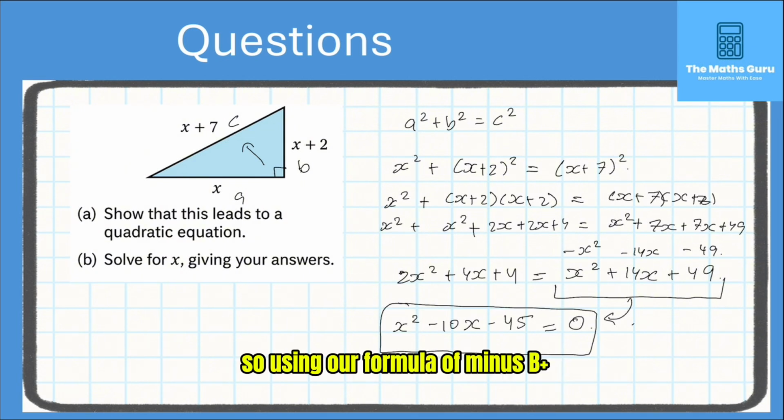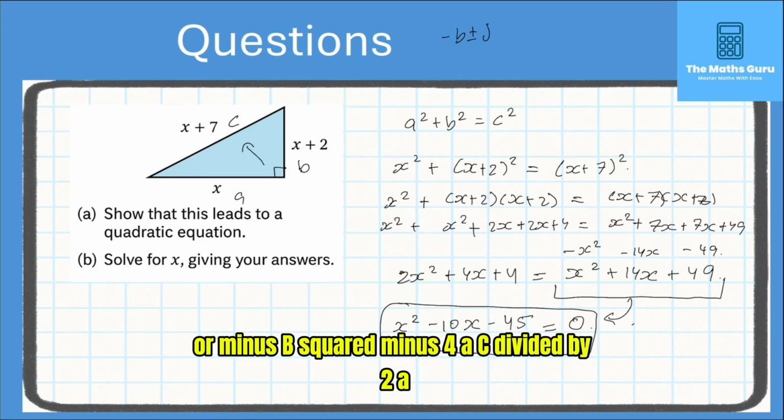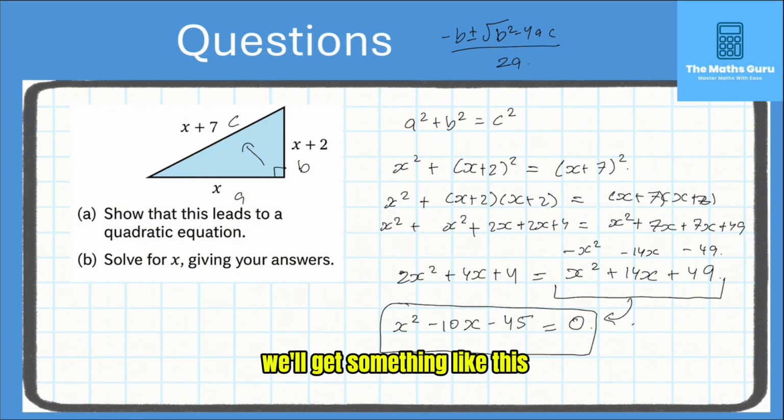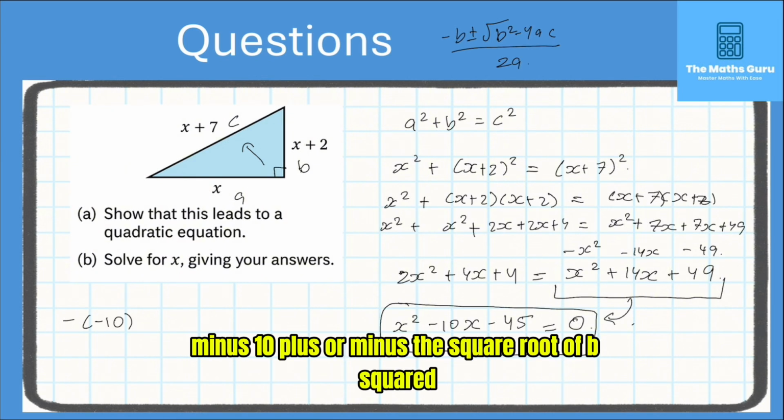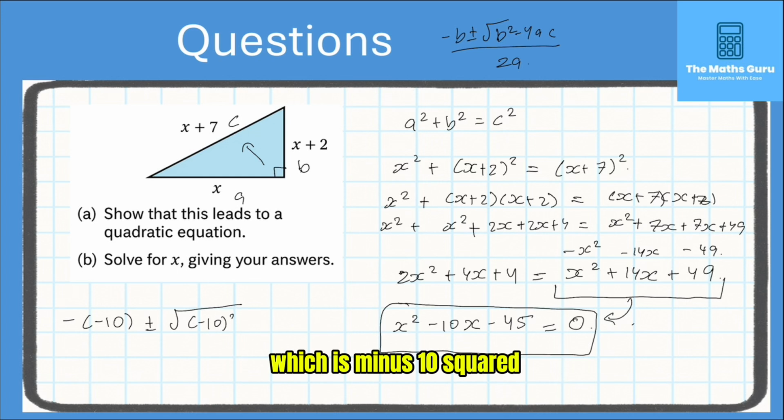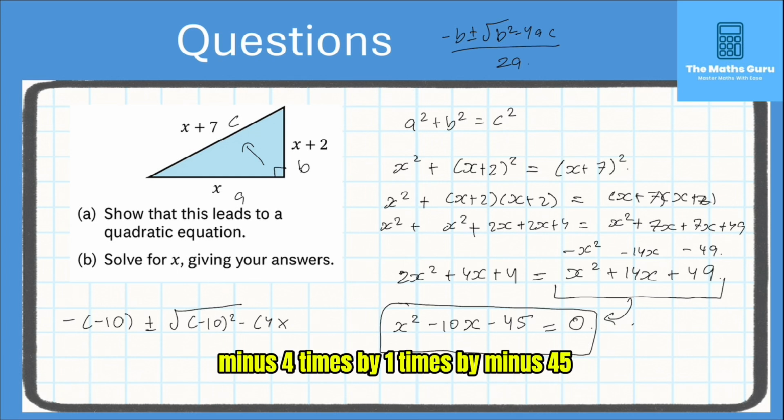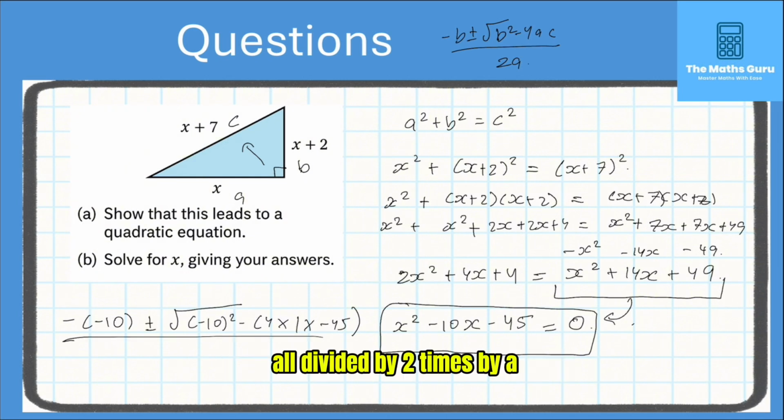So, using our formula of minus b plus or minus the square root of b squared minus 4ac divided by 2a, we'll get something like this. Minus minus 10 plus or minus the square root of b squared, which is minus 10 squared, minus 4 times 1 times minus 45, all divided by 2 times a, which in this case will be 1.